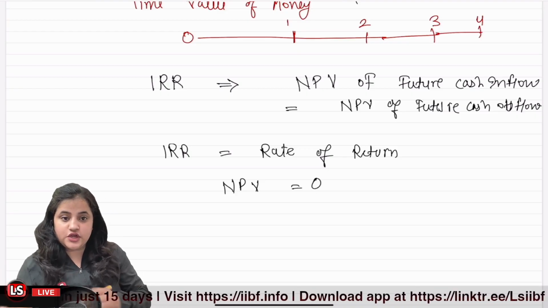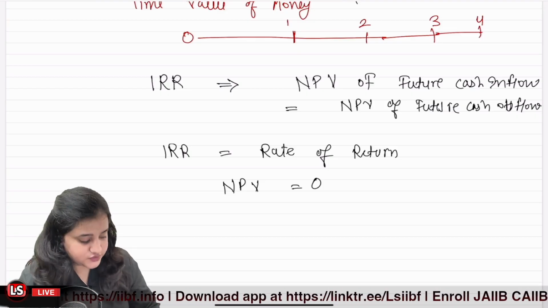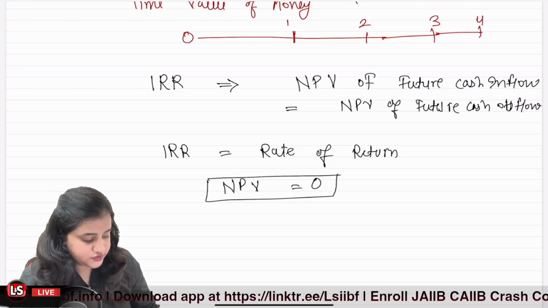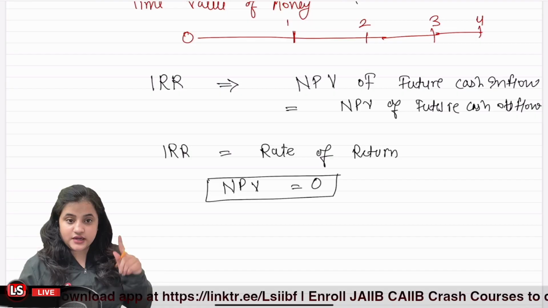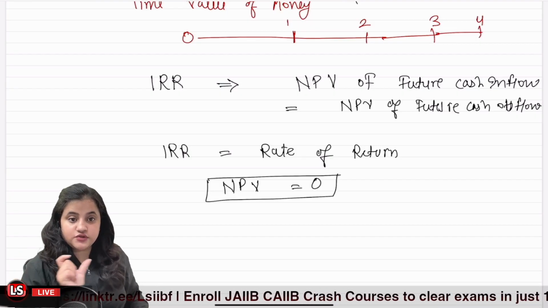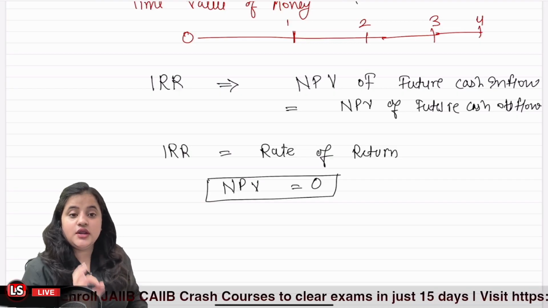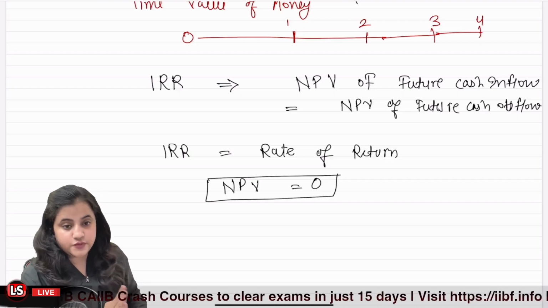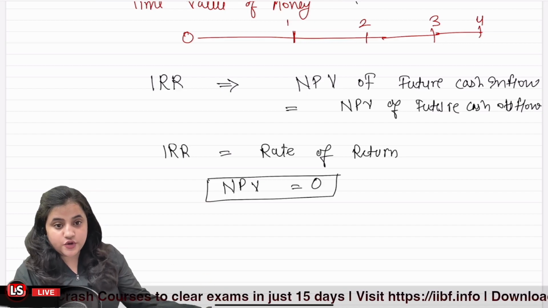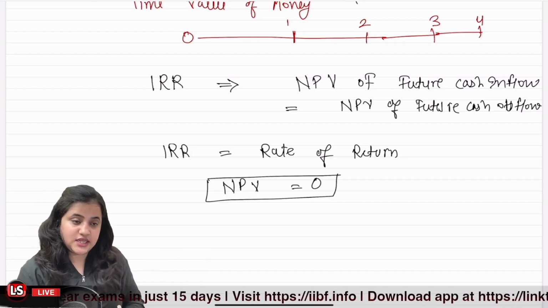Because if present value of inflow is equal to present value of outflow, my net present value is going to be 0. So that is the concept of IRR that you need to remember. NPV is equal to 0, and the rate at which NPV is equal to 0 is your internal rate of return of the project. That is the return that your project is going to give you on average in its life.